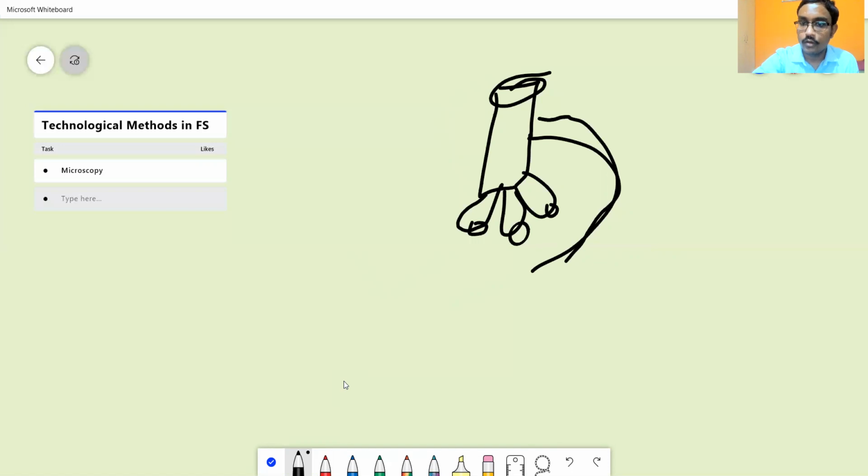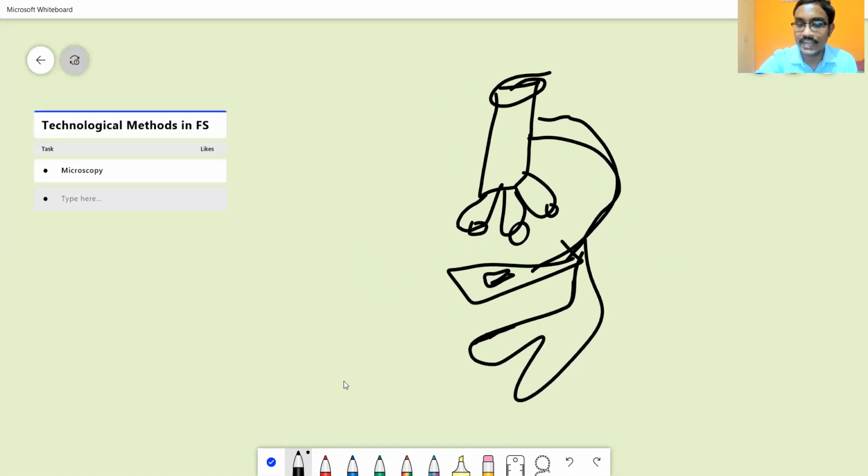It's also having a stage where we place our specimen, and it finally has a stand. Light passes through here, hits the object, transmits through whichever objective lens we're going to use, then goes to the eyepiece, and we're able to see it here. A magnified image of whatever is placed here in the stage.